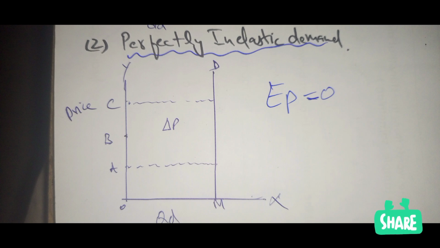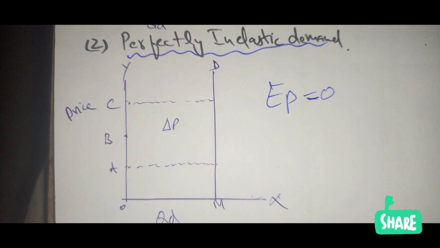First of all, we can say that the vertical demand curve, which is DM, shows the perfectly inelastic demand. It means demand has no response to changes in the price.